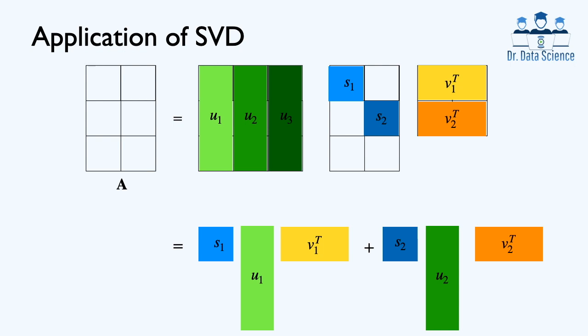So now, using simple linear algebra operations, we can show that we can write this matrix A as the first singular value, which is S1. And remember, S1 is just a scalar, a single number, so it's very easy to multiply. And then we have the multiplication of the first column, and then the first row, which is V1 transpose.